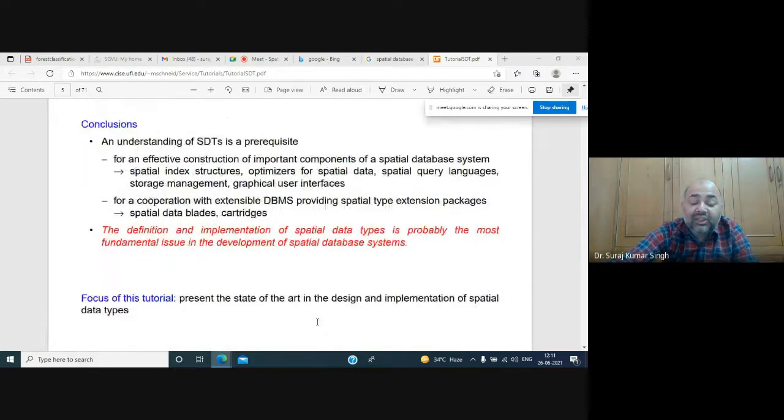So what finally we can conclude from the above is that understanding spatial data types is a prerequisite. Unless you understand the spatial data types, you cannot model it.